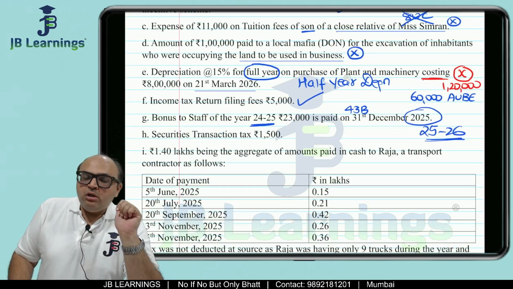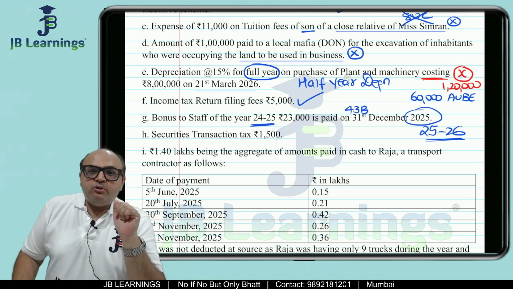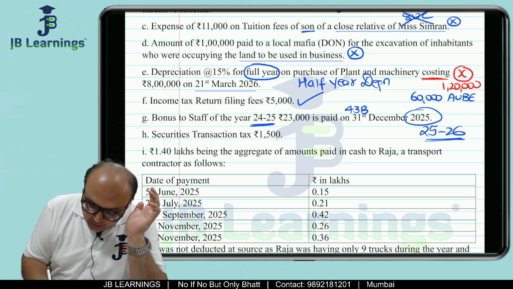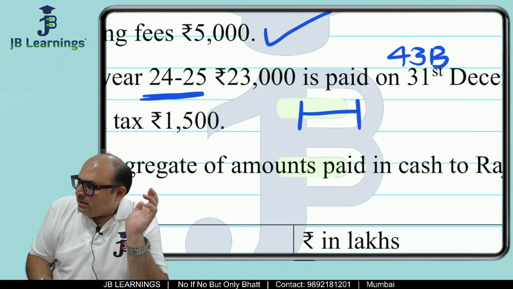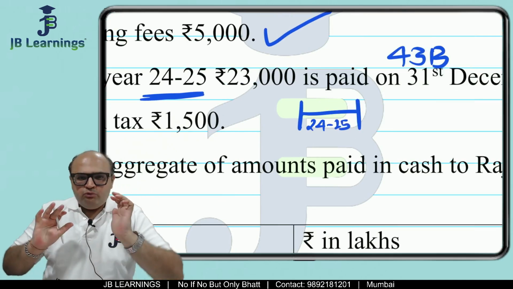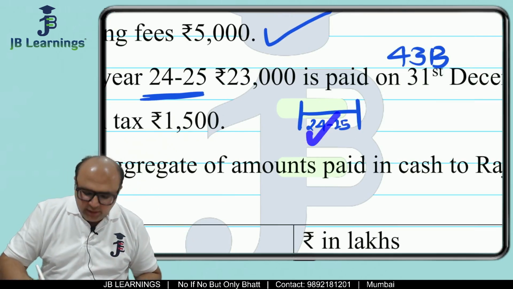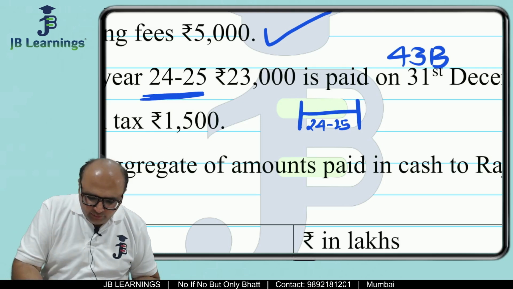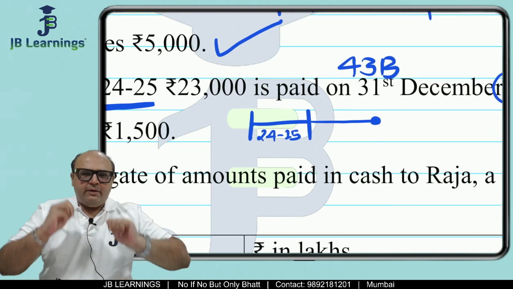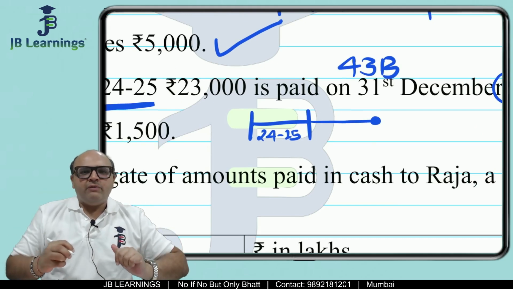See, what is the rule? That bonus can be paid up to the due date of return filing. Now, friends, very, very important. Last year, 24-25's bonus should have been allowed in 24-25 if paid in 24-25, or if it is paid till the return filing due date of 24-25. Friends, what is the return filing due date?